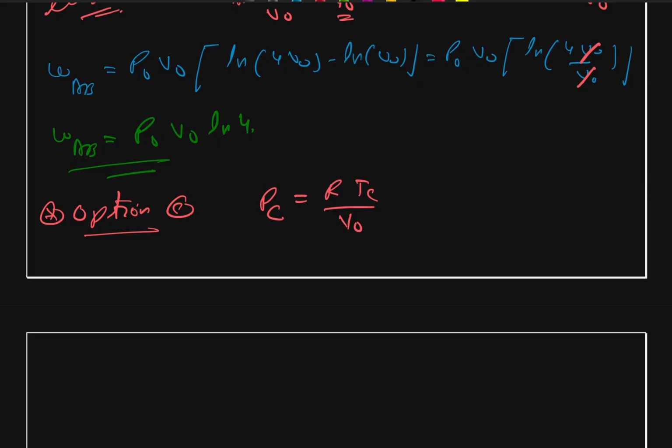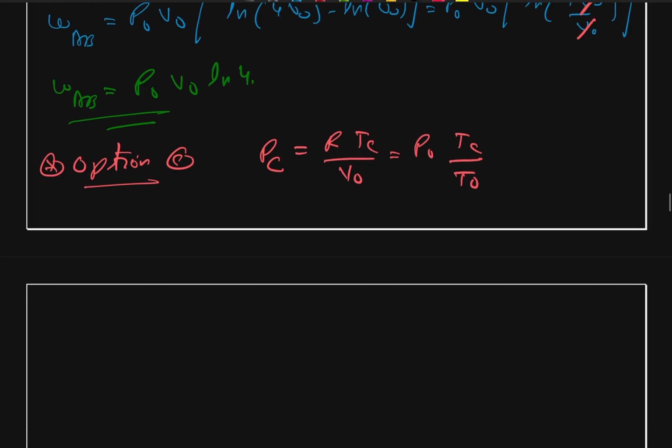And in terms of temperature, we can write this as P naught Tc by T naught. We already know that our Tc is less than our T naught, and therefore we can be very sure that our Pc will be less than P naught. This is true for it.